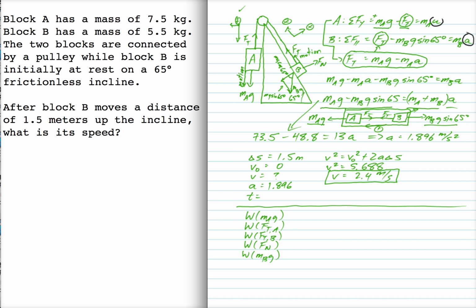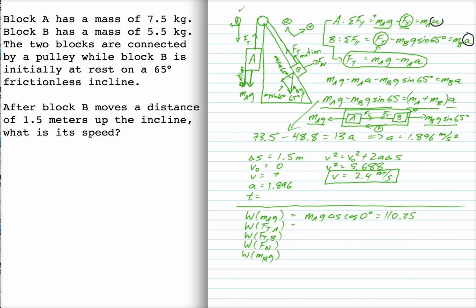Okay, so the work done by gravity on mass A is equal to the force of gravity times the displacement times the cosine of the angle between them, right? In this case, that's cosine 0, because the force of gravity and the displacement are in the same direction. So that's 110.25.